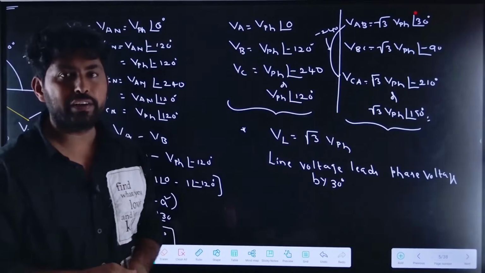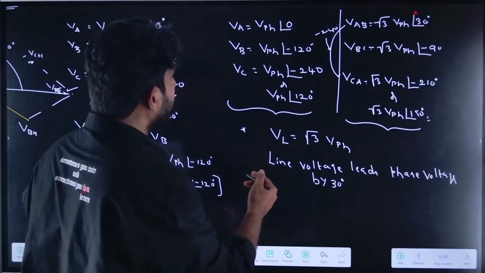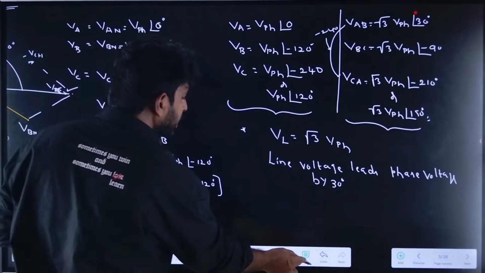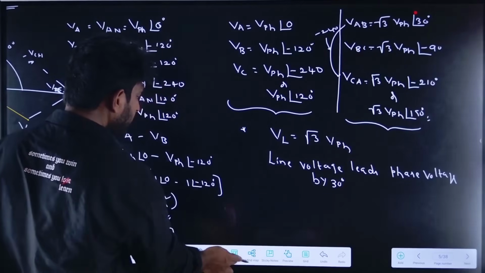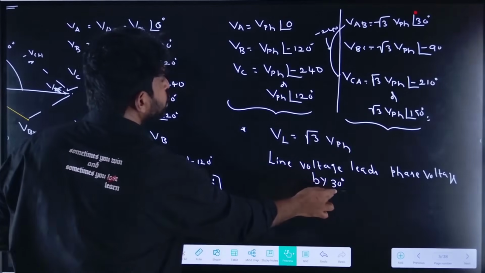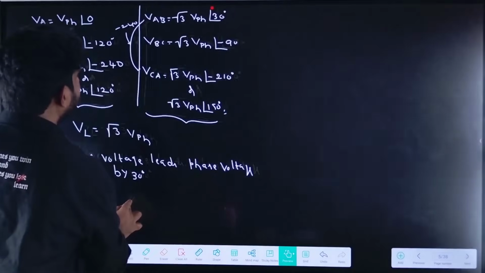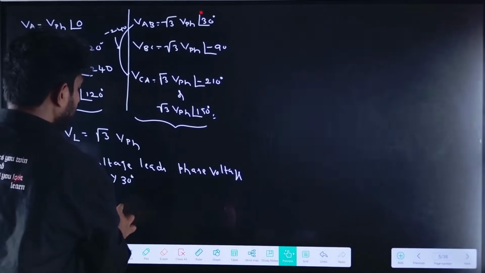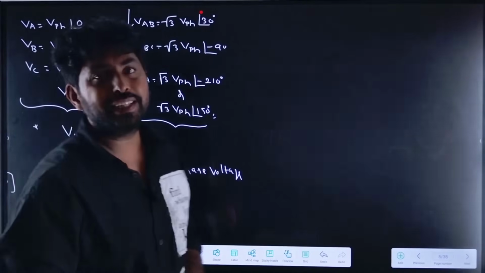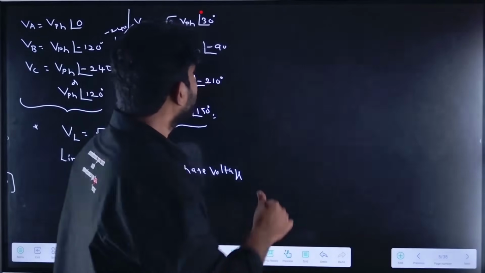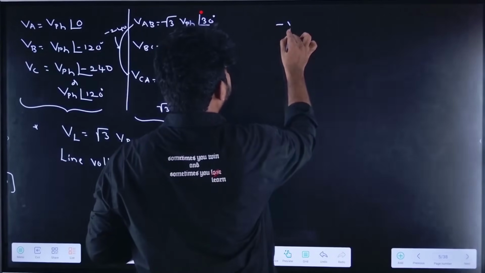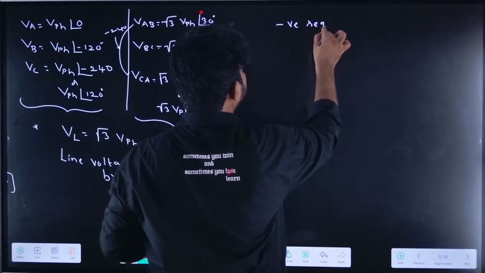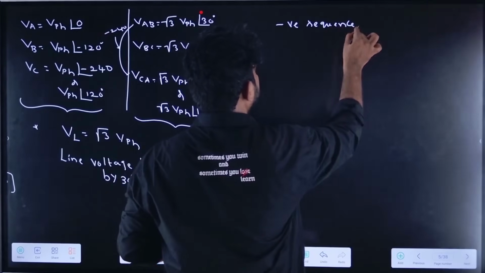If it is a negative sequence, what would it be? What is the negative sequence, and how will the vector be? So let us find for a negative sequence.